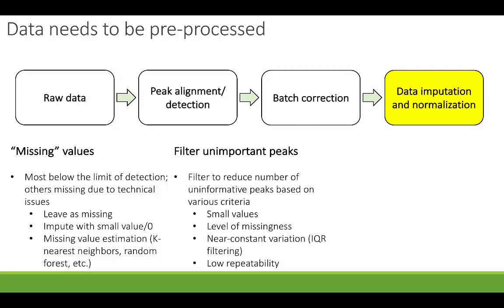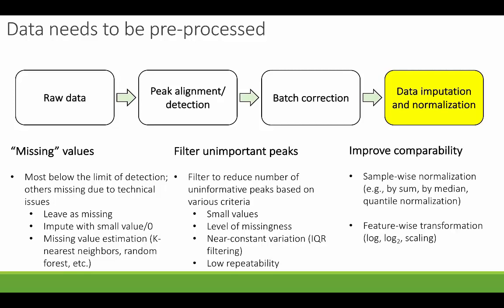The next step is to take out what are called unimportant peaks. There are a lot of uninformative peaks that may not reflect metabolites or may be redundant. So there are a variety of different approaches to filter out some of these uninformative peaks, including taking out some of the peaks that have uniformly small values, some that have relatively high levels of missing values across the samples, or the peaks that have near constant variation or low repeatability across your samples.